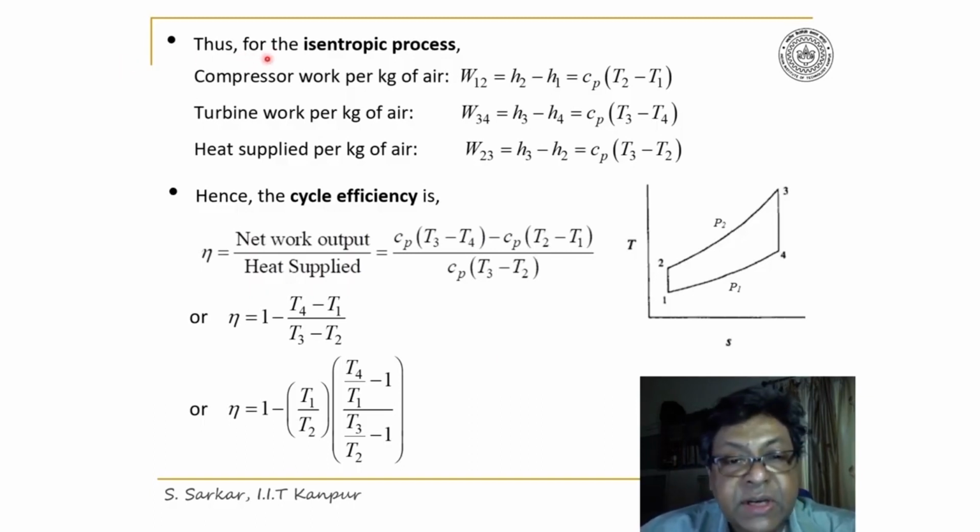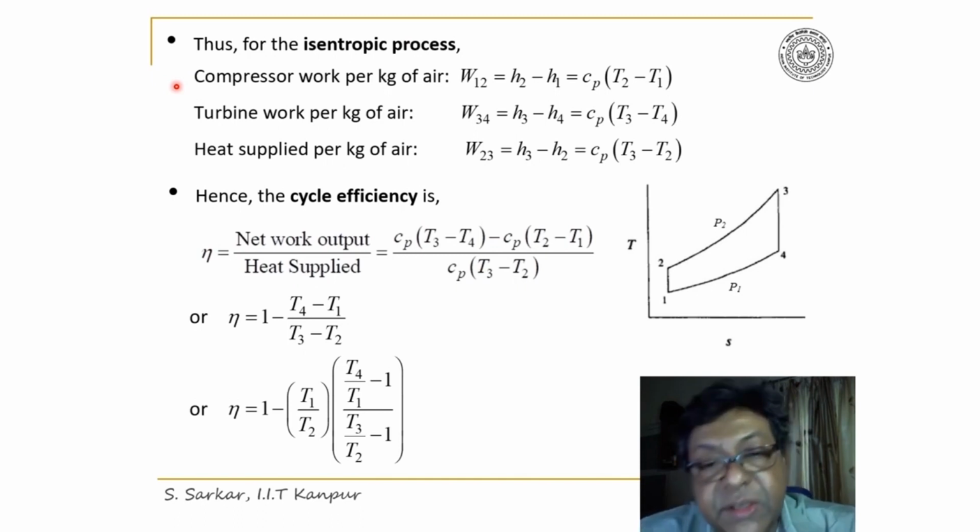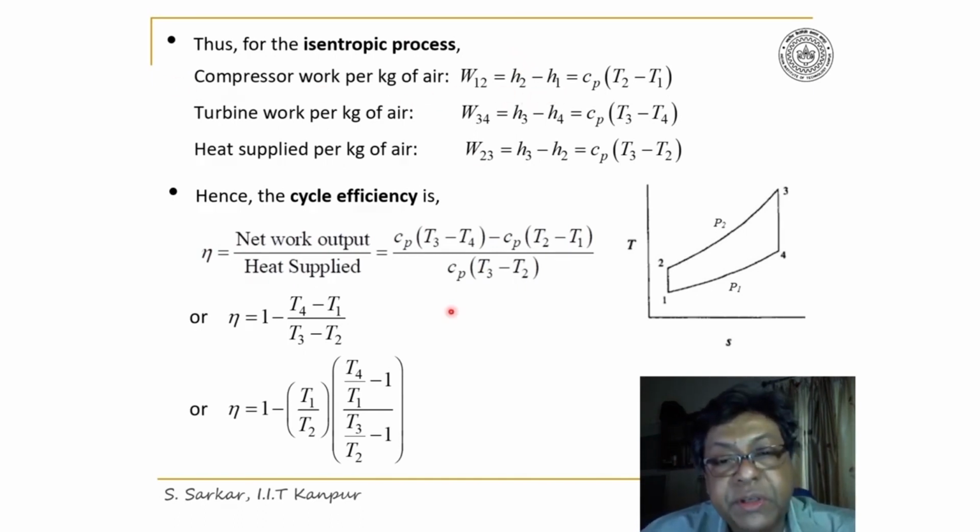Thus, considering the isentropic processes, I can write the compressor work per kg of air is equal to H2 minus H1, H2 being the enthalpy at the exit of the compressor and H1 the enthalpy of air at the inlet of the compressor, that is equal to Cp into (T2 minus T1).